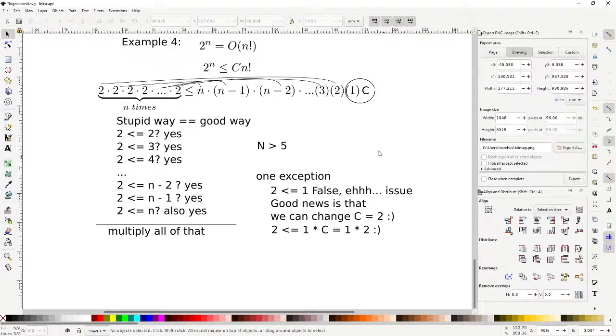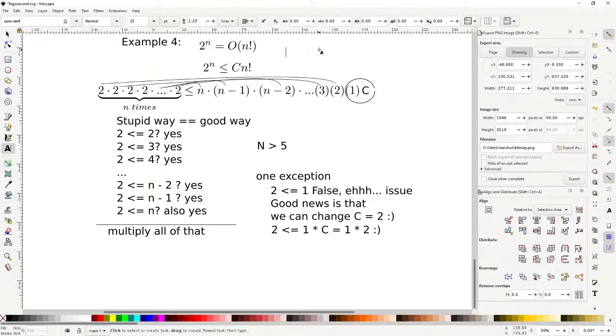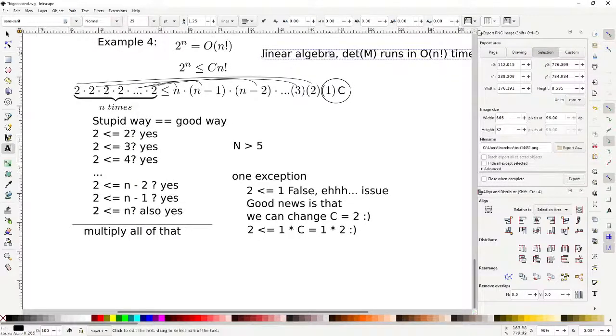of showing that. So if you ask, are there any algorithms that run with factorial time? If any of you have taken linear algebra, the determinant algorithm of a matrix runs in O of n factorial time if you use cofactor expansion.